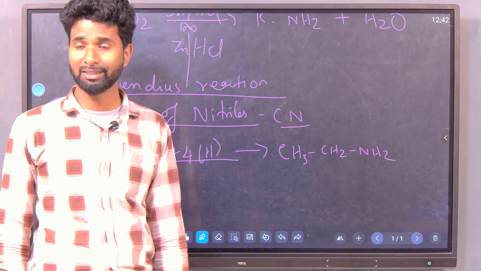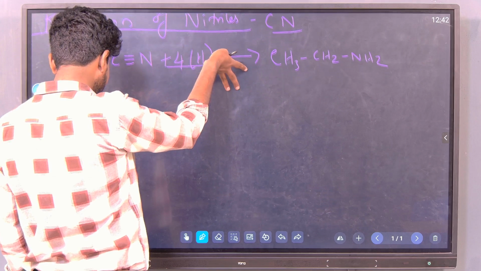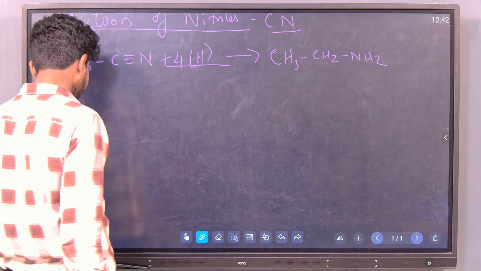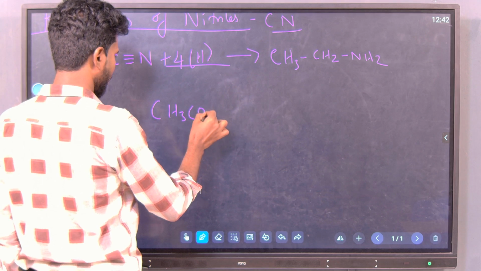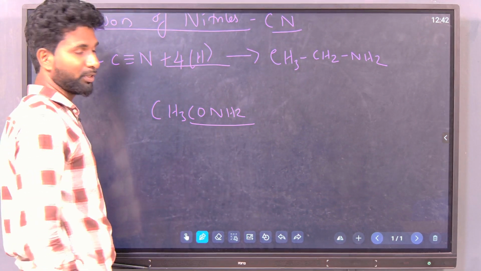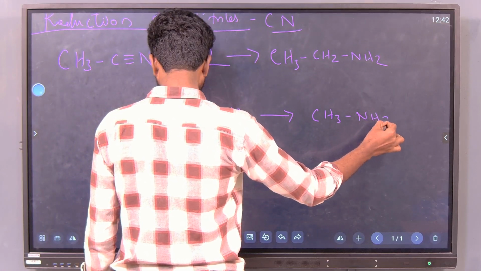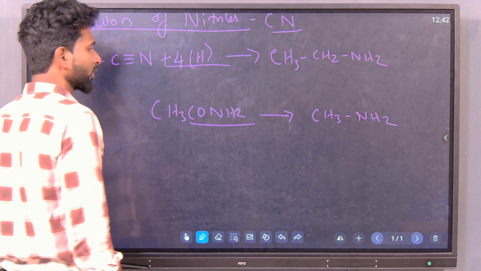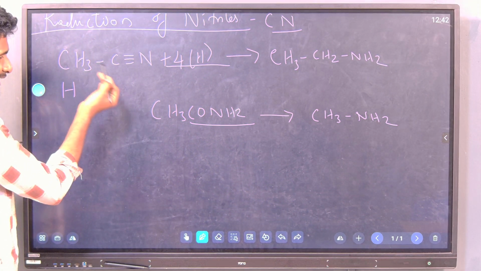Hofmann bromamide synthesis. Important question. Hofmann bromamide reaction. Here, CH3CONH2, that is the amide group, is converted into an amine group, CH3NH2, a primary amine. This is called Hofmann bromamide synthesis or degradation.